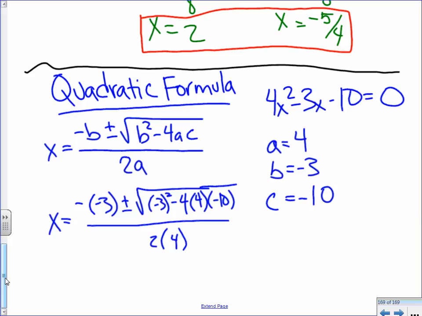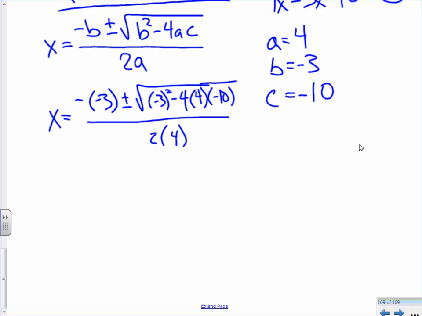Okay, I put parentheses around every single value that I plug in. This helps me to not make any careless mistakes when I'm simplifying here.